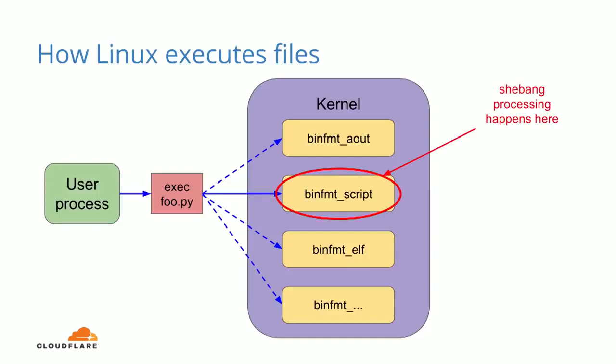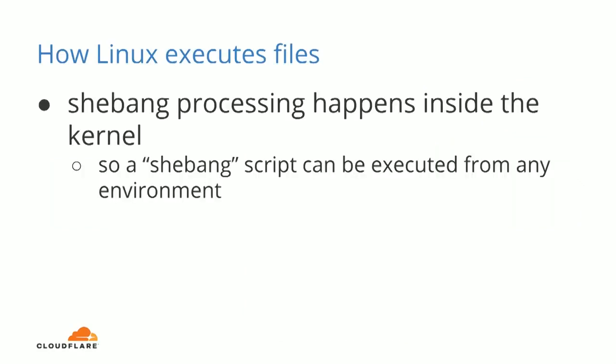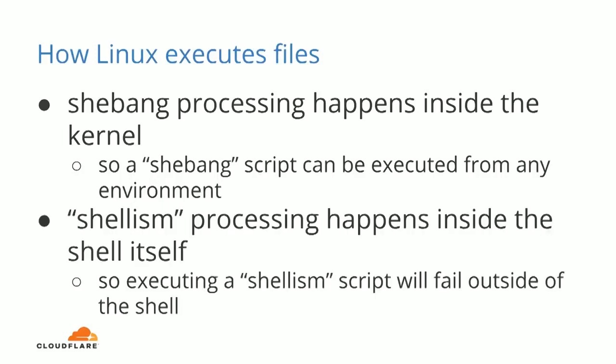So when you execute a script, actually the kernel parses the shebang line and not your shell. And that module knows how to launch your process. So shebang line processing happens inside the kernel. That's why it works from any shell and from any other process. Whereas the shellism line processing happens inside the shell, so it doesn't work outside of the shell.